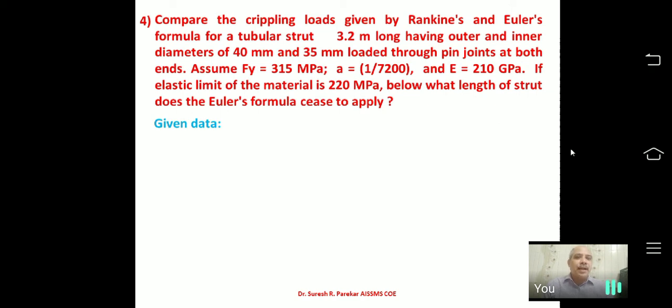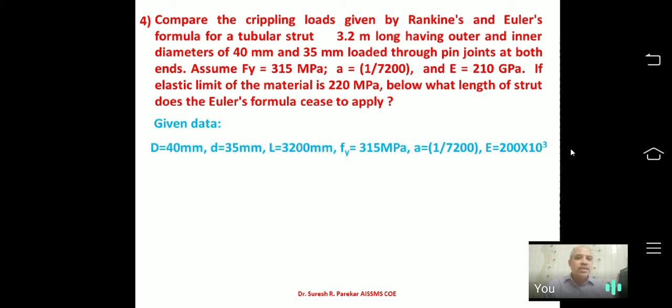Now we have compared crippling loads of the two, that is by using pi square Euler's formula, and Rankine's formula. So now we have given data first. We have A given, E given, Fy given, L, D given, and then we have area calculated, which is pi by 4 D square minus d square.